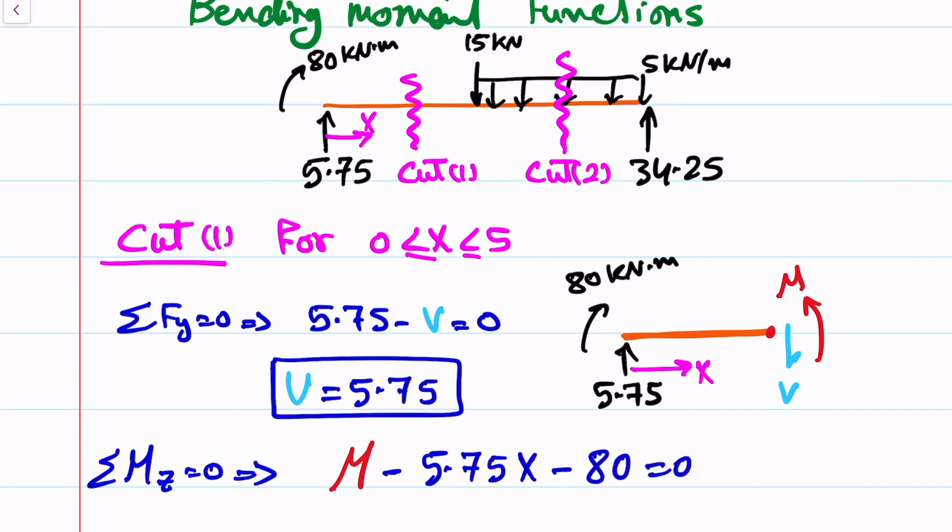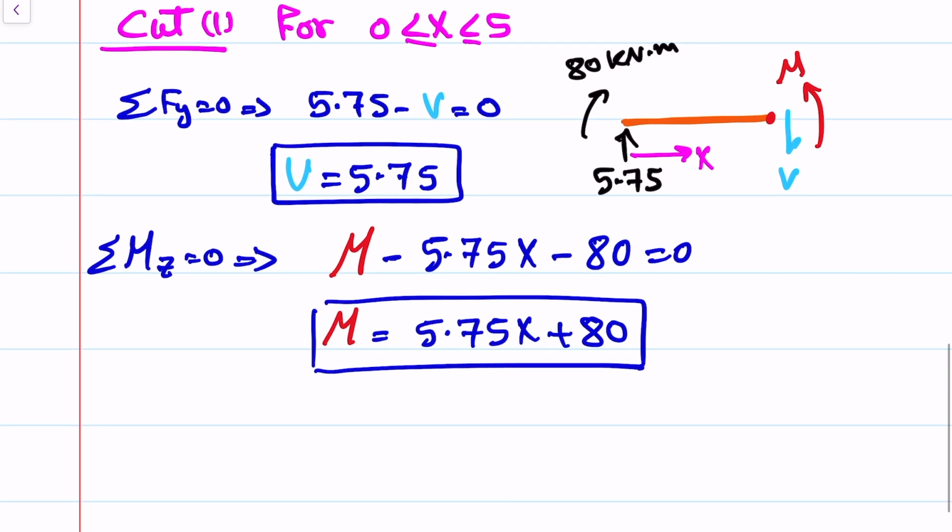This will be equal to 0, so M equals 5.75x plus 80. This is for the first cut.